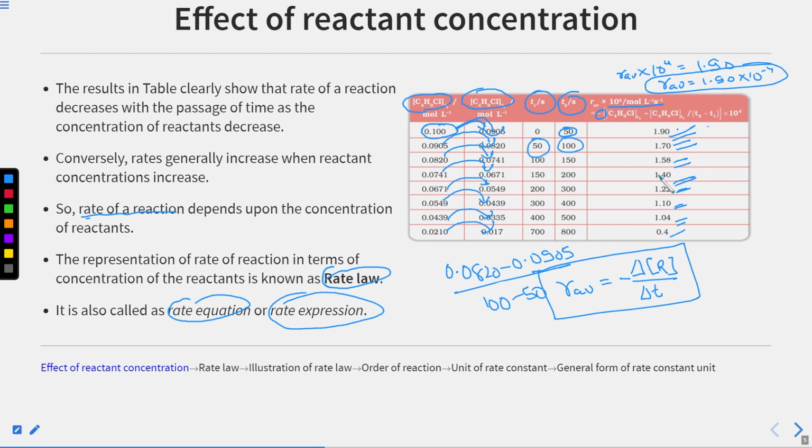It does not matter which we take. Both will decrease as we move further in the reaction, as the reactant is converted into product. So with time, due to the decrease in reactant concentration, the rate of reaction also decreases. This is the effect of reactant concentration.